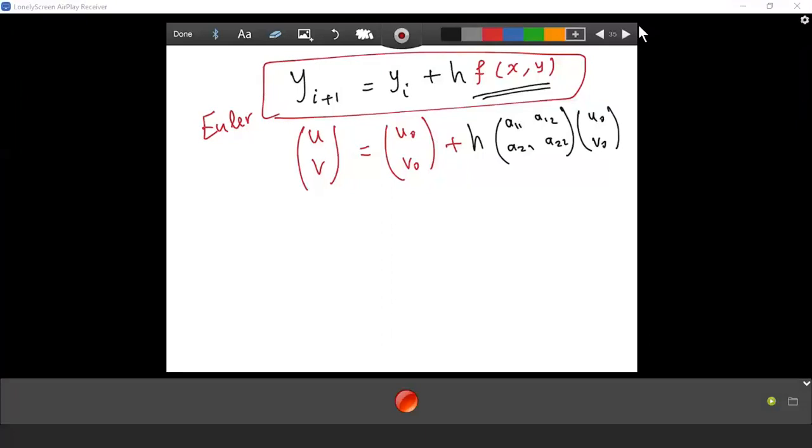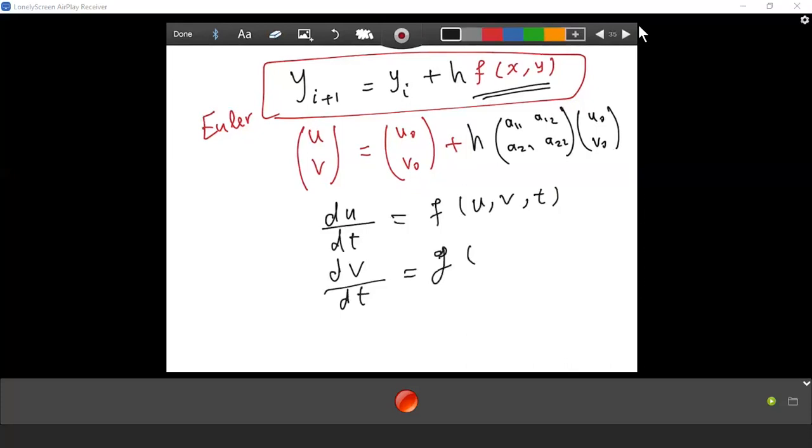You have a system: du/dt, or dx, it's up to you, equals a function f of u, v and t, and you have the other dependent variable, dv/dt, as another function, I call it g of u and v and t.